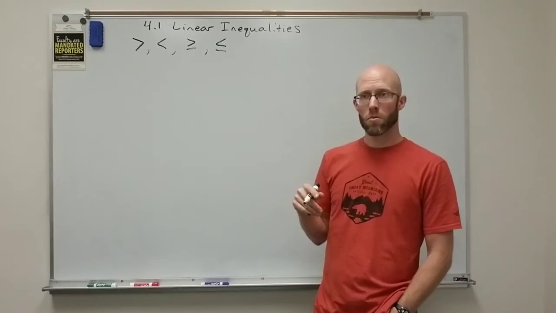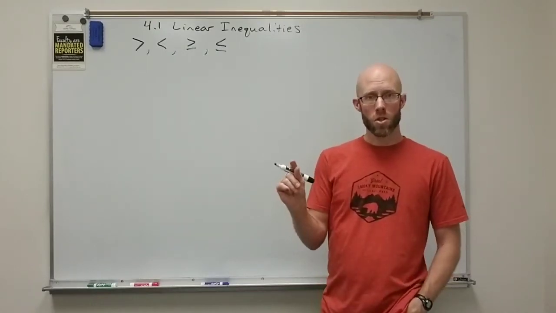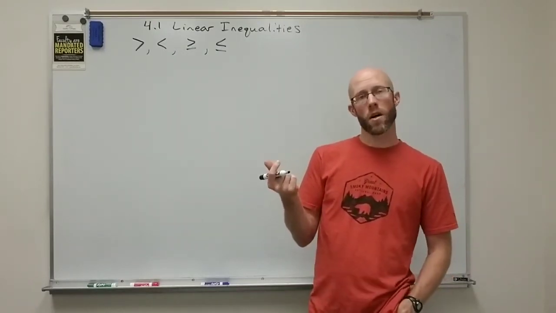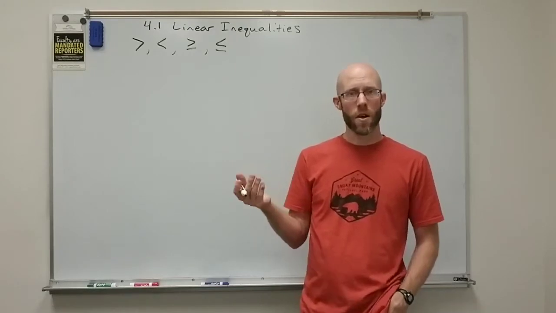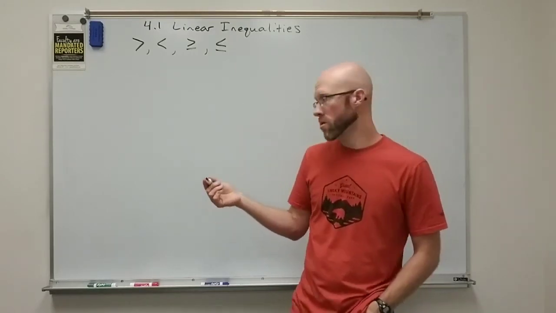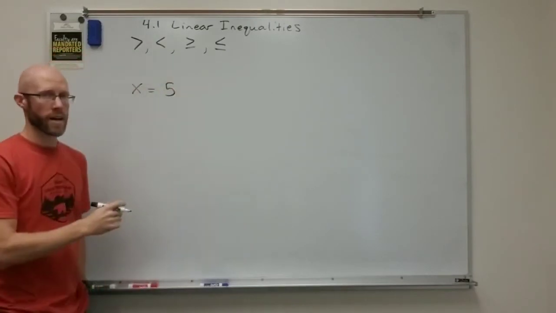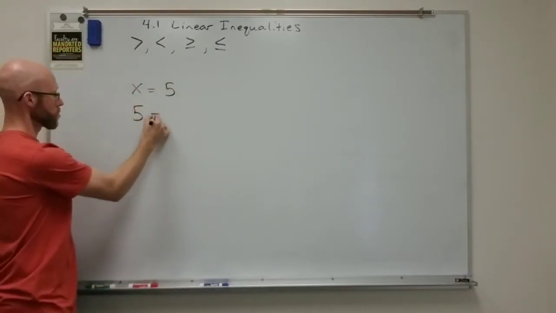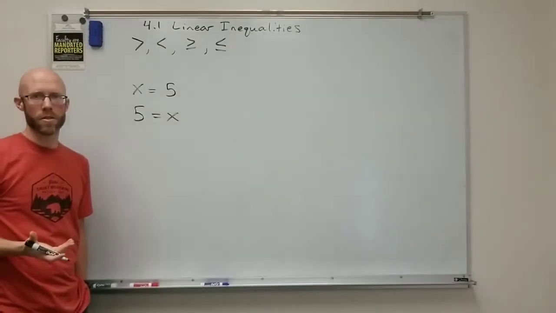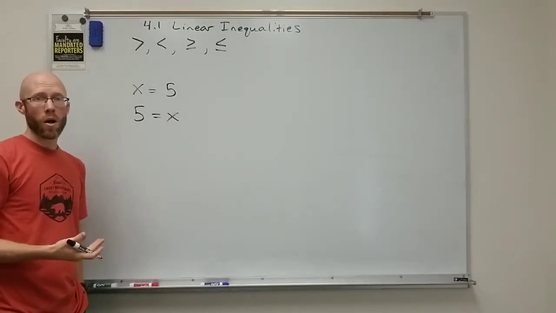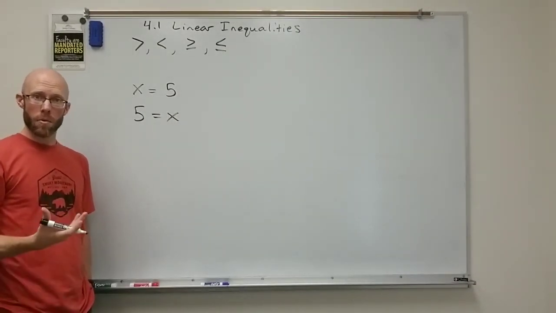First of all, with equations, you can just change the order, interchange the two sides, and the equation is still true, right? So if I had x equals 5, I can change the order and say 5 equals x and nothing happens. With inequalities, that is not true. Think about it for a moment.